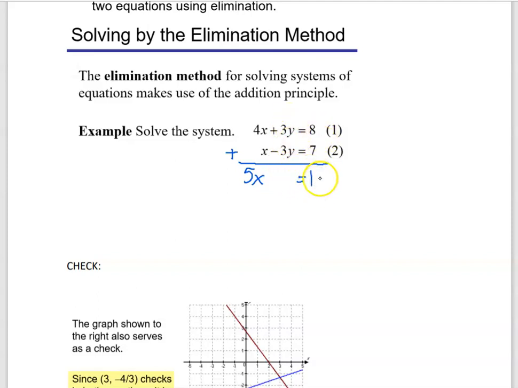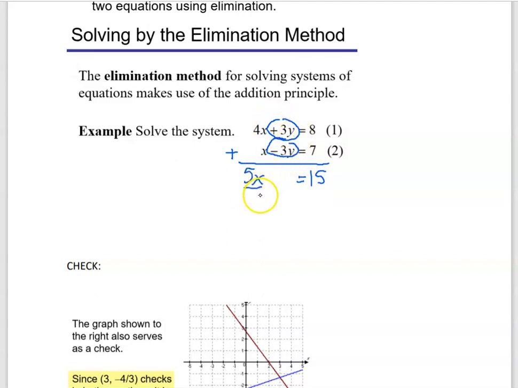And 8 and 7 turns into 15. Because we had a positive 3y and a negative 3y, they were opposites of each other, so that was kind of convenient in this scenario because it allowed for something to cancel out. They all don't work out as perfectly as that one.